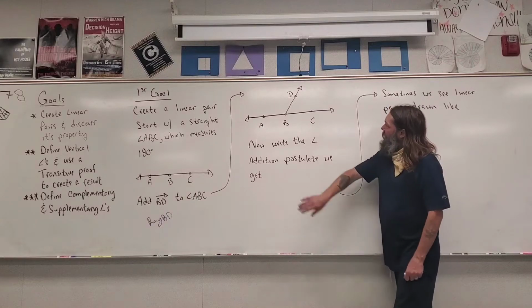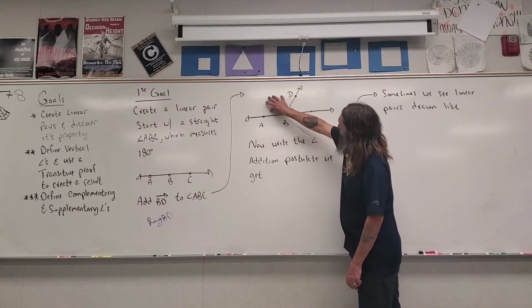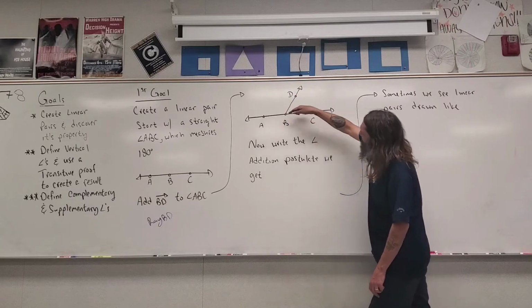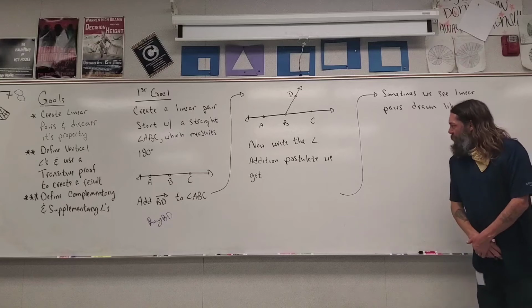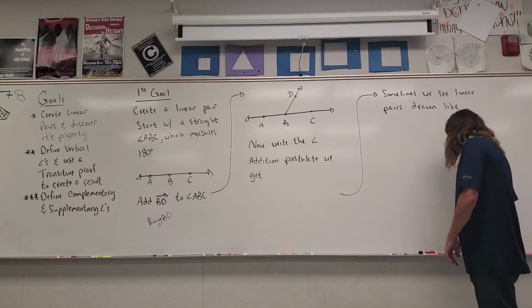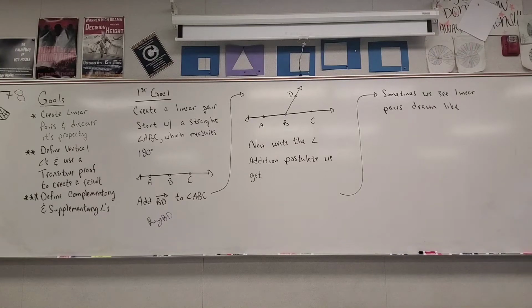Okay, so we now have 3 angles. We have this smaller angle, and our original straight angle. And so we're now going to write the angle addition postulate. And let me see if I have a marker that's going to write nicely, which I have a feeling I don't. There's a good one, I hope. Cross my fingers.